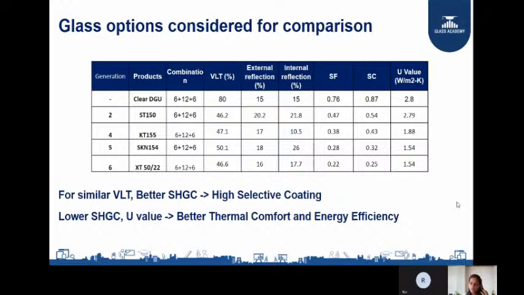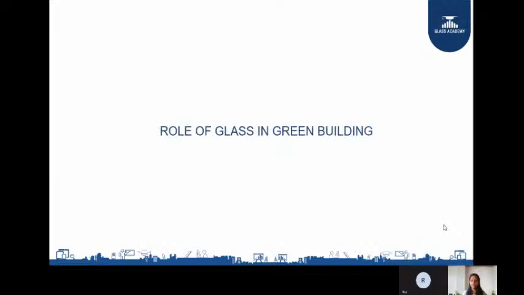Now, why this evolution of product? Why this evolution of generation? What was the need of it? These products have been made sensing the need of the market. Earlier generations of product had medium solar factor and medium U value, but people wanted lower solar factor and lower U value. Then we moved to third generation.